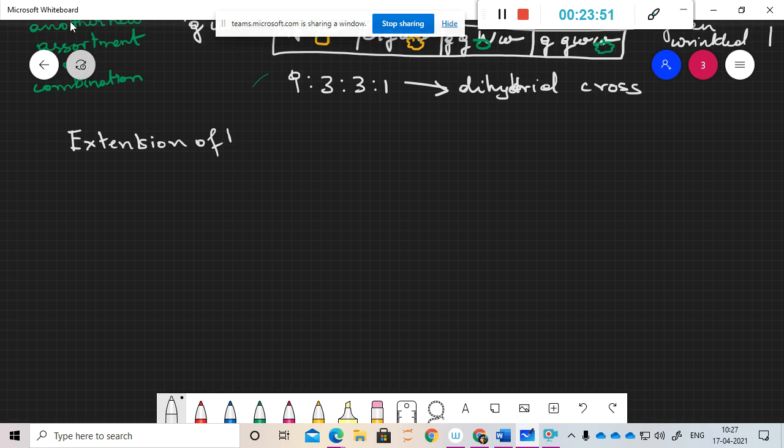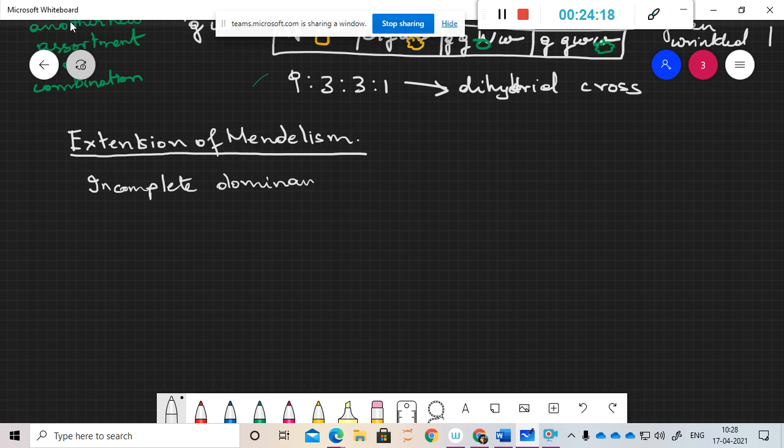Extension of Mendelism. And now what does the extension of Mendelism say? We had talked about alleles being the contrasting forms of a particular gene. Now there is a term known as incomplete dominance.